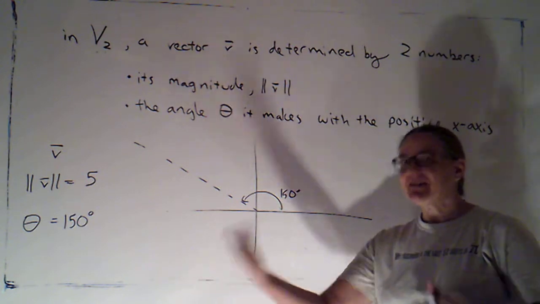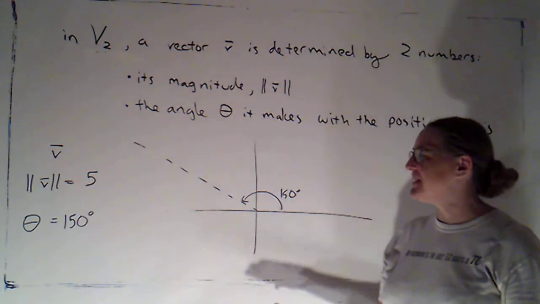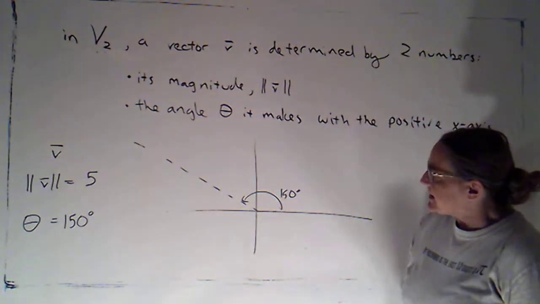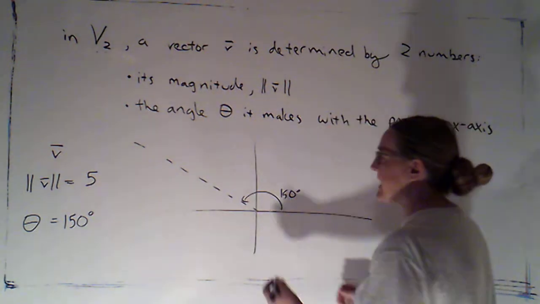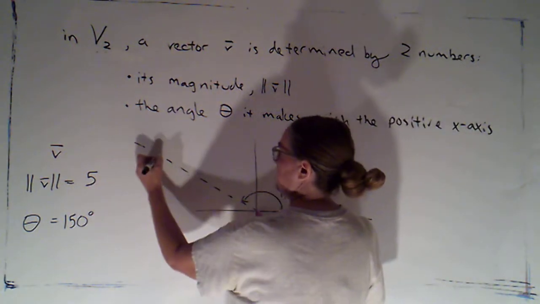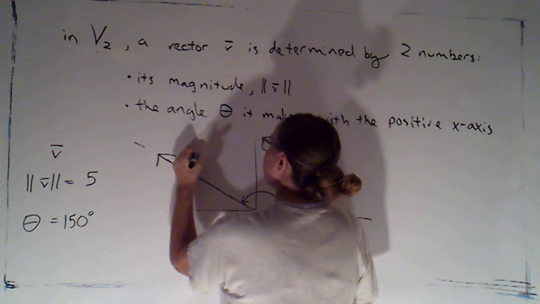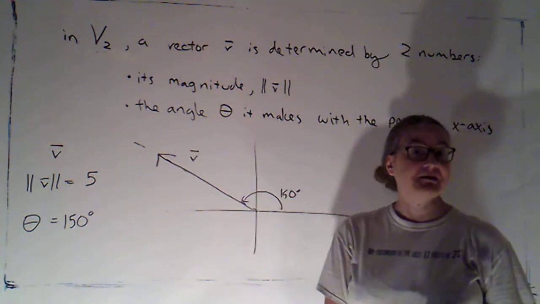In 3 space, knowing the angle that I make with the x-axis doesn't specify a unique direction. In 2 space it does. All right, so I've got the correct direction, and then I know I want it to have a length of 5. So I would just come out 5 units along this ray, and this would be my vector v, where the magnitude, the length of that ray, is 5.